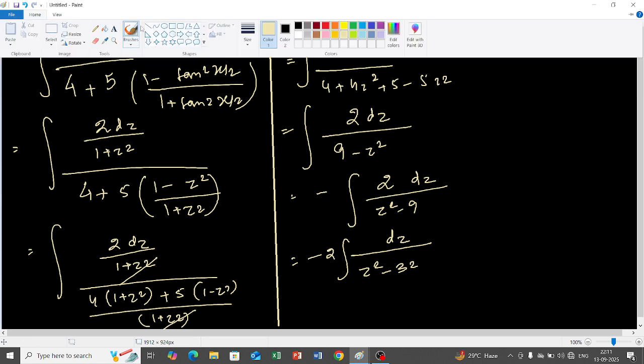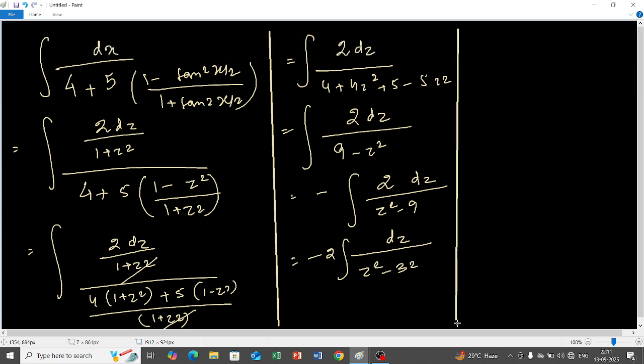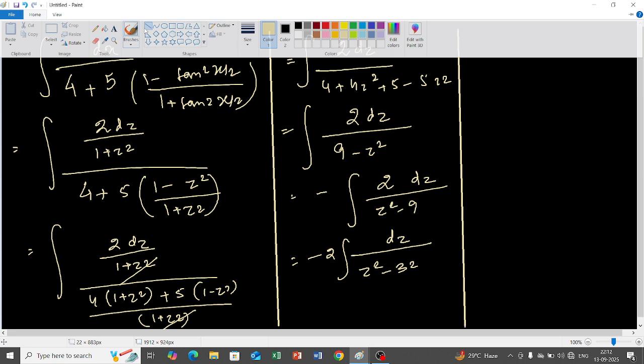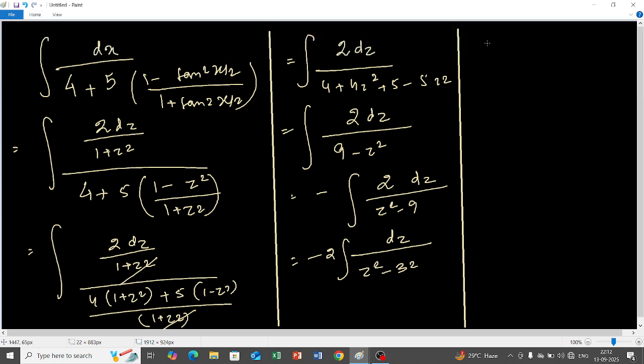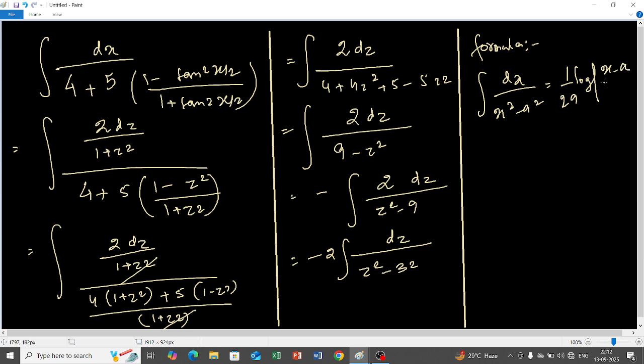Now this particular integration follows a particular form, which is integration divided by x square minus a square. We have a formula: integration dx by x square minus a square is nothing but 1 by 2a log mod of x minus a by x plus a. So we are going to apply that same formula here.